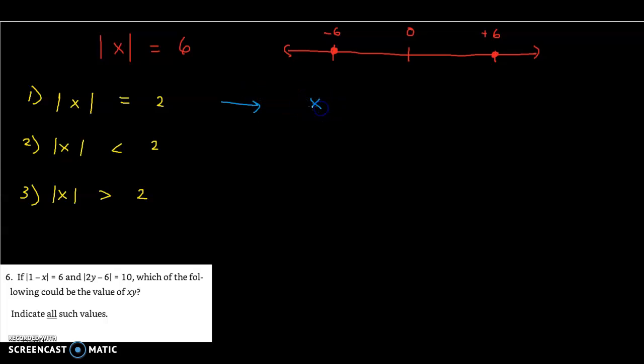That means you just take whatever's inside, you ignore the bars, you just set that x is equal to positive 2, or x is equal to the negative of whatever that number is. So that would just be negative 2. In this case, there's really nothing we can solve for because we didn't have anything cluttering up our variable inside the bars. So we know that there's just 2 exact values.